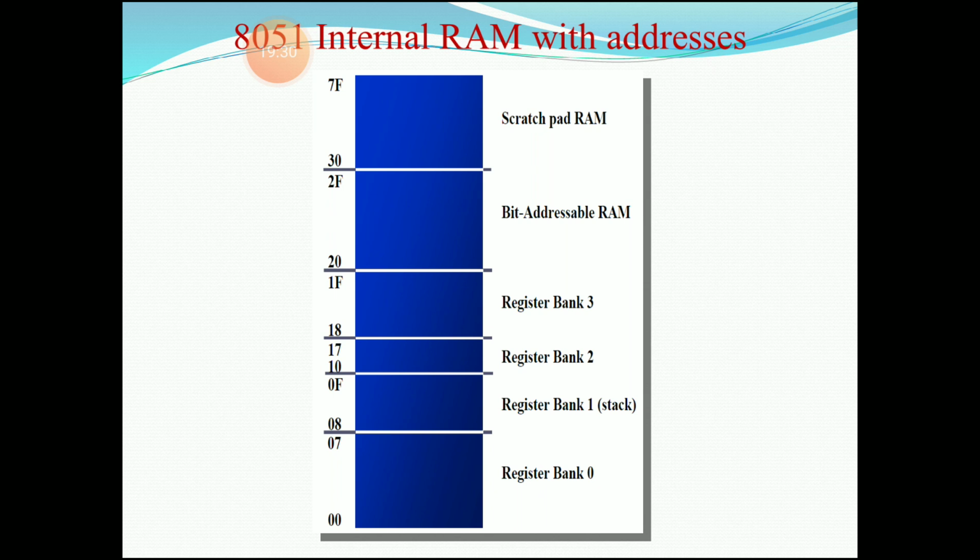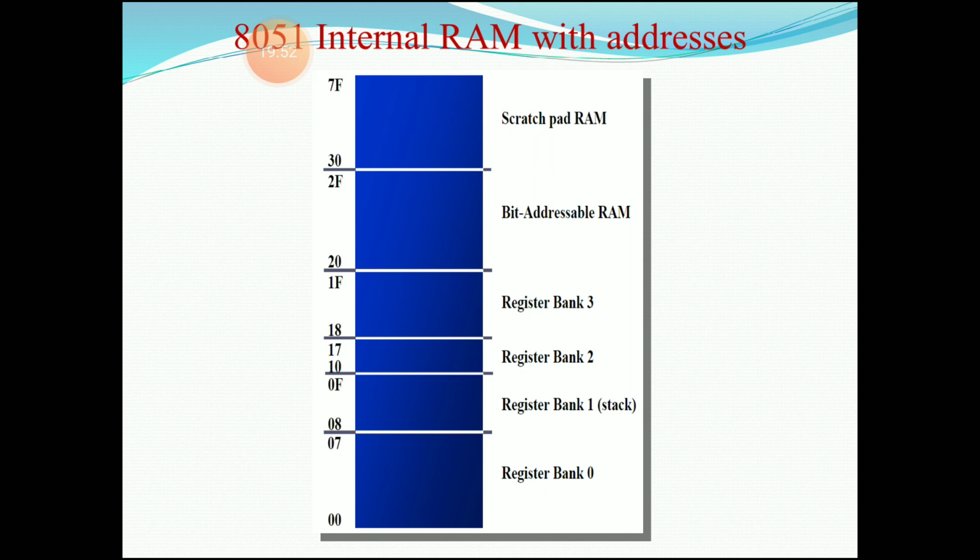You can access the data from bank 2 using the address or the registers R0 to R7. Similarly, bank 3 has addresses 18H to 1FH. So in total there are 32 register bank registers.